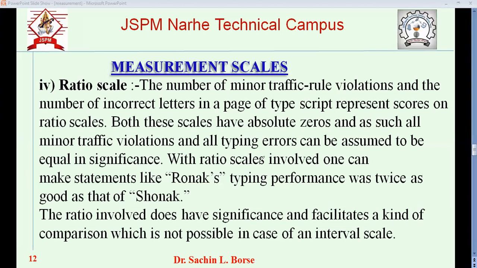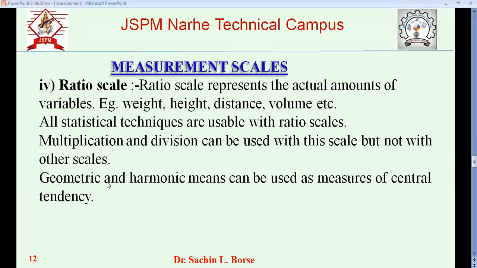Suppose Shonak makes 4 mistakes and Ronak makes 2 mistakes, then we can find the ratio, and we can say that the performance of Ronak is better than Shonak. So the comparisons become easy with the ratio scale.